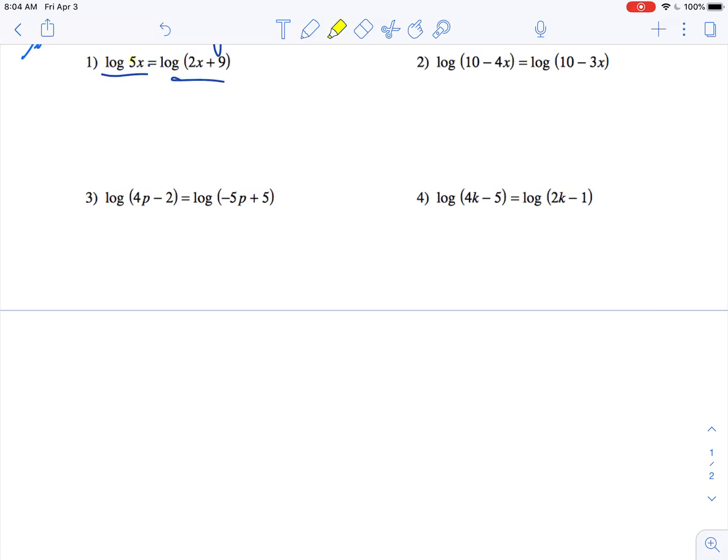And our last problem type on your quiz, we'll be solving logarithmic equations. So anytime I've got a log equals a log, then I can just take the two expressions within the logs and set those equal to each other.